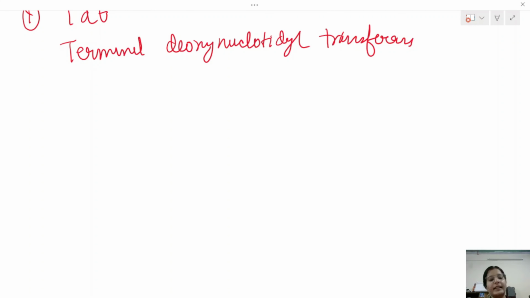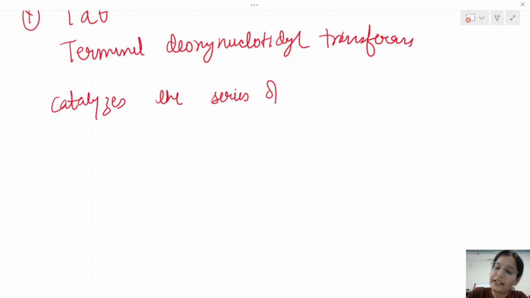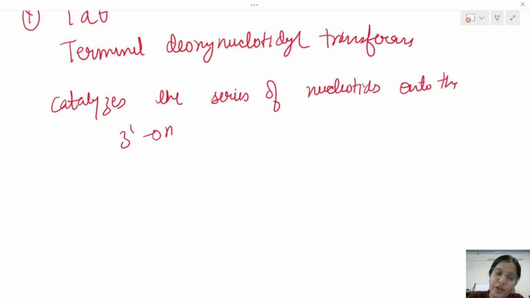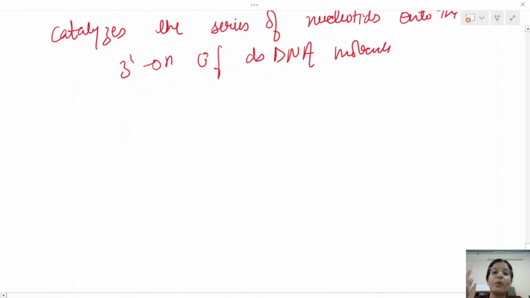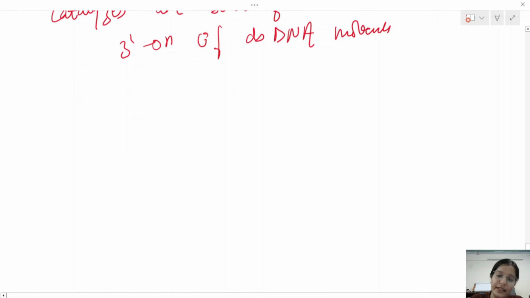So what this does is it catalyzes the addition of a series of nucleotides onto the 3' OH of the double-stranded DNA molecule. If this reaction is carried out in the presence of just one type of deoxyribonucleotide, a homopolymer tail is produced. We will see one example.